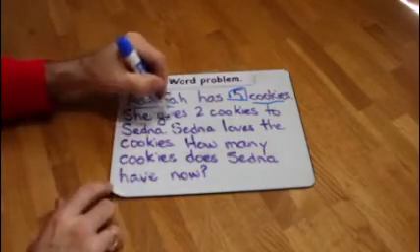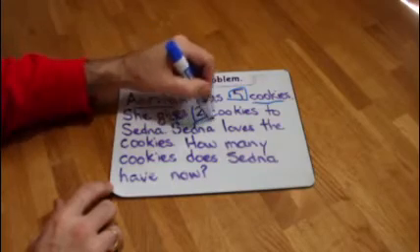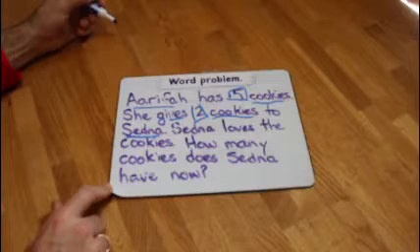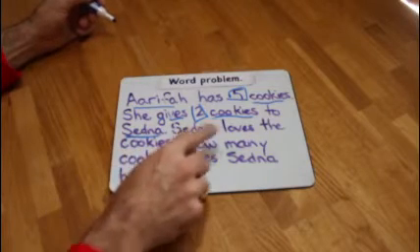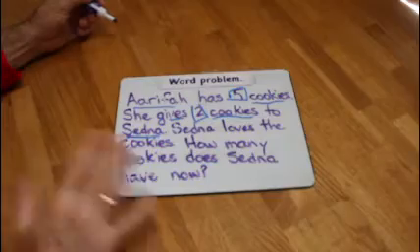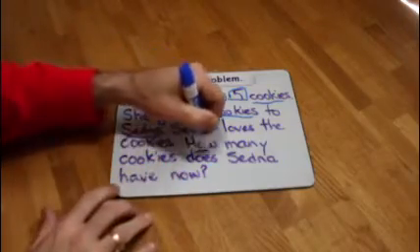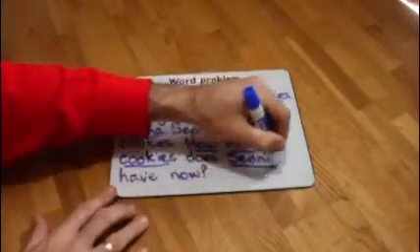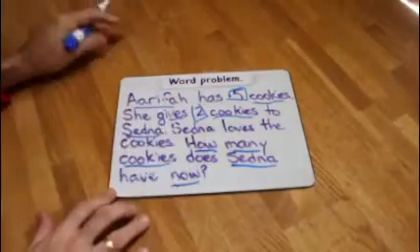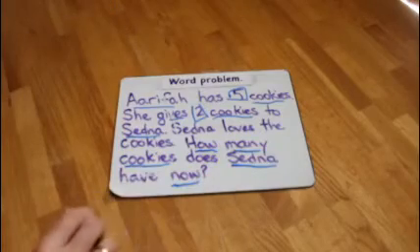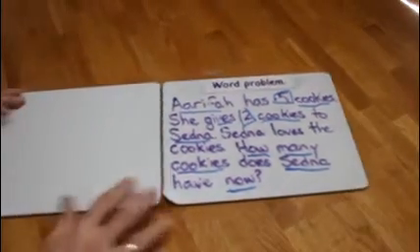She gives 2 cookies to Sedna. Sedna loves the cookies. Great, I love cookies too, but not important. How many cookies does Sedna have now? Be careful on that. Sedna. Okay, so let's do our work now.